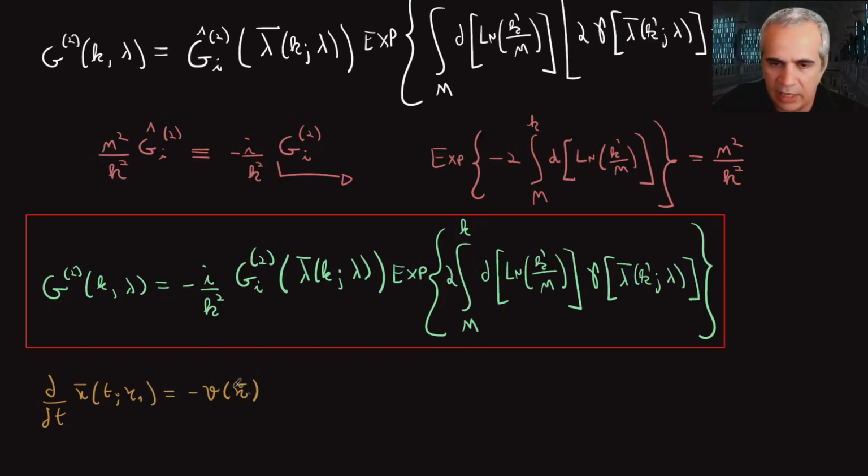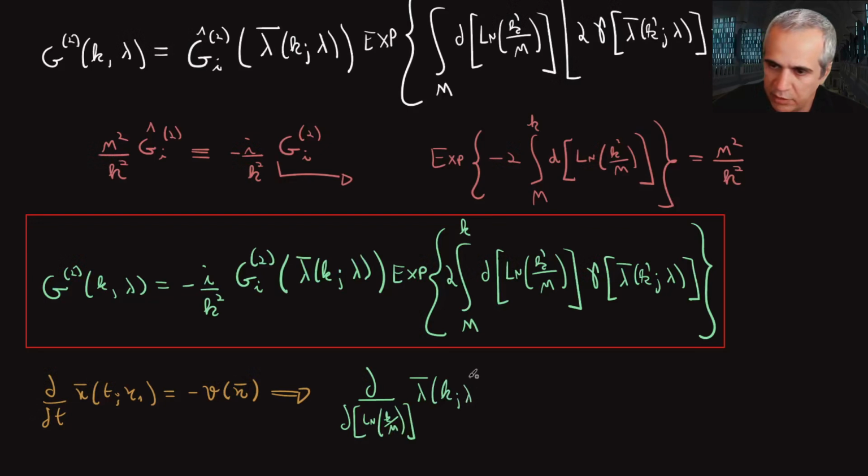And that I can translate now using the same dictionary, right, to an equation for lambda bar, which is a very important one. So time translates as the log of k over m. Lambda bar of k lambda is equal, the minus v is just beta, the beta function of lambda bar k lambda.